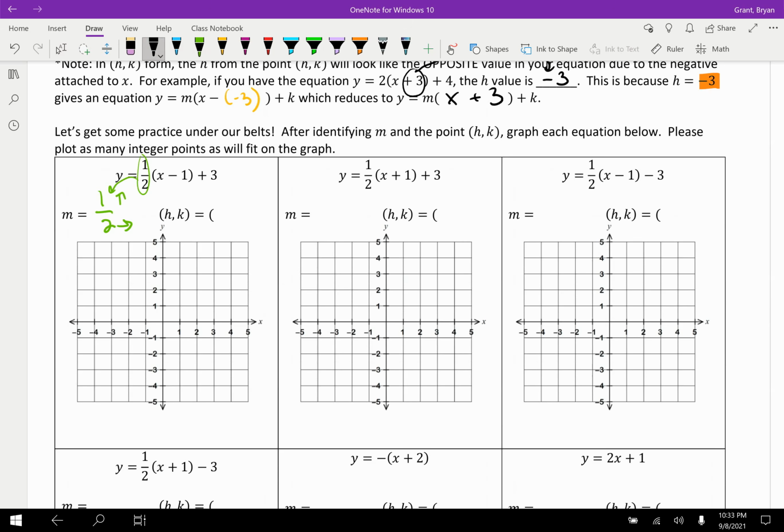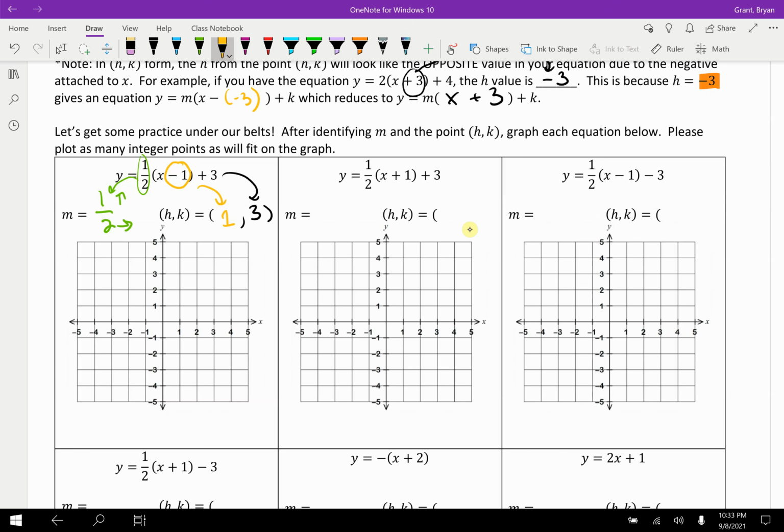HK. The easy part with HK is the k value just stays whatever it is. If it's positive 3, it's 3. The tricky part, though, with HK is we need to do the opposite of what this number looks like. It looks like negative 1, so it will be positive 1. It's the opposite every time. Now let's graph it.